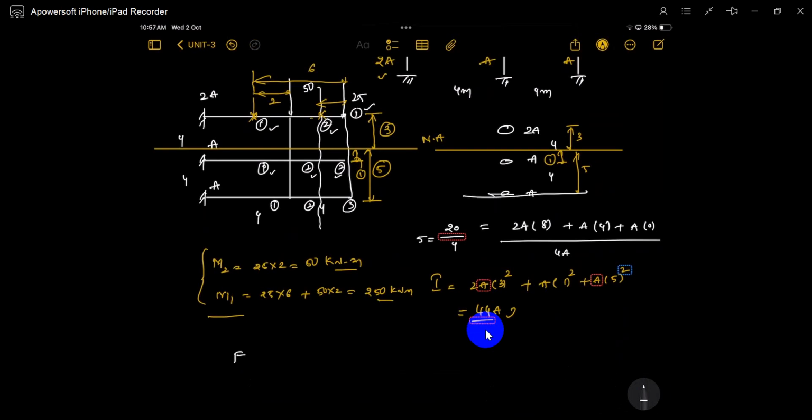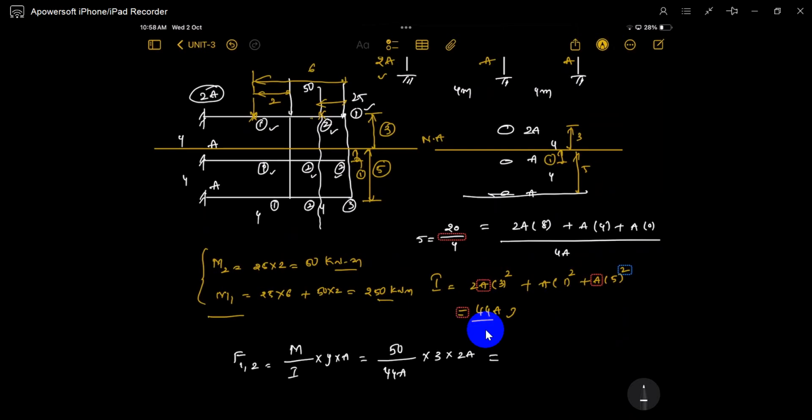First column, second story. I will write M by I into y into area. So what is the second story moment? 50. I is the same for every section, doesn't change. 44 meter. Distance from nodal axis is 3. Area is 2A. Remember, it's 2A.